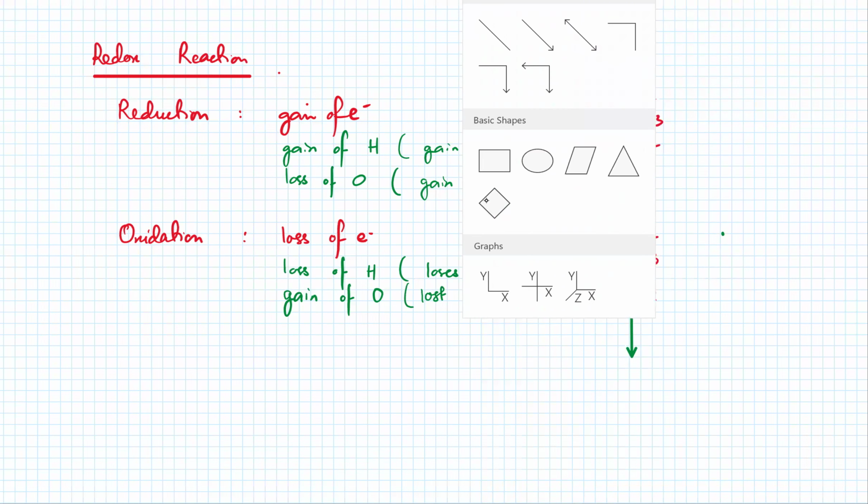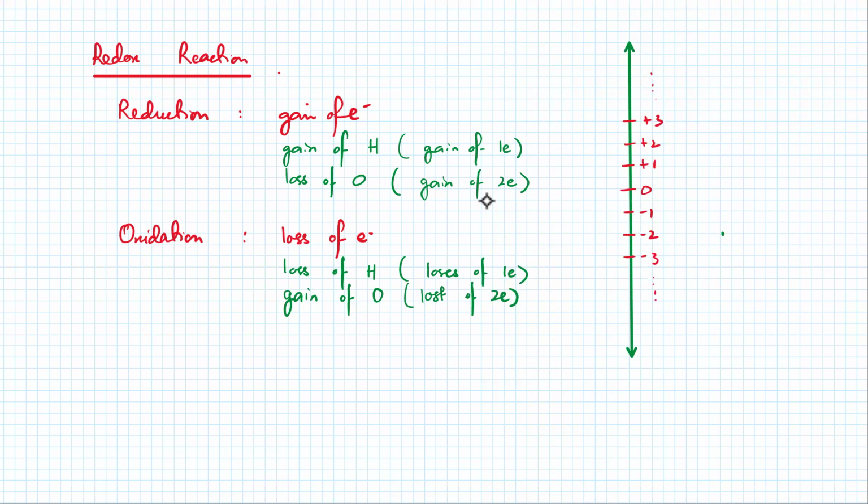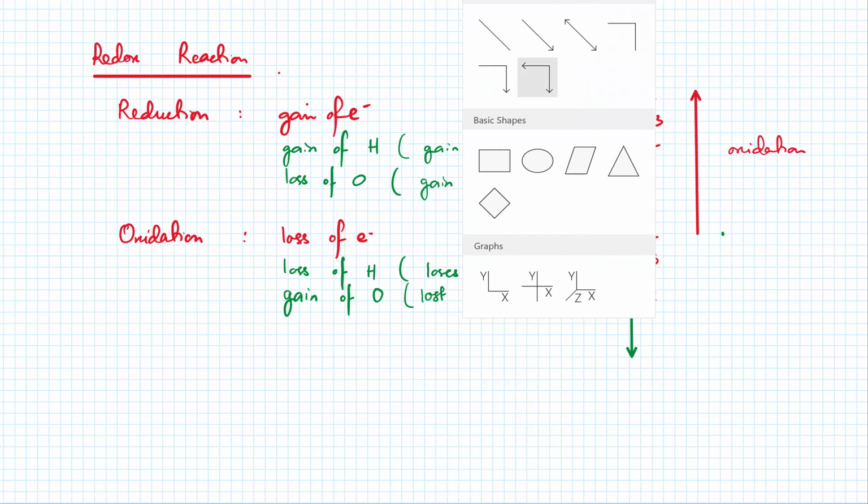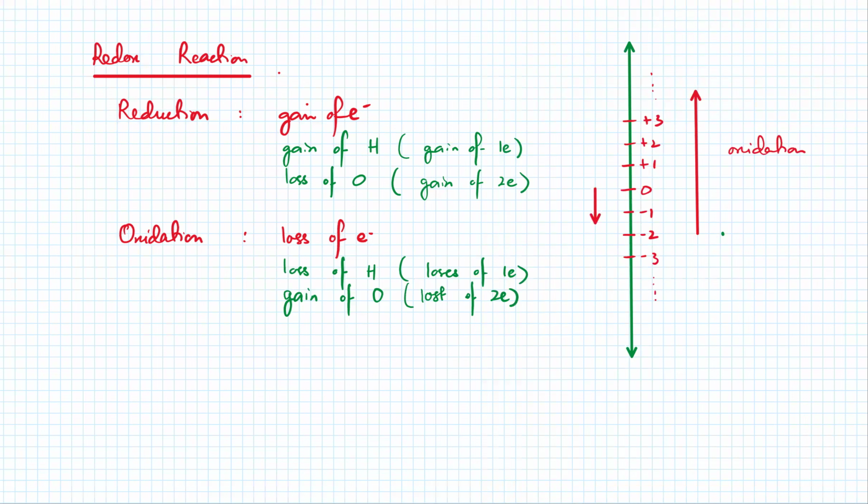So the higher you're going in that direction, that means oxidation. That means you're constantly losing electrons. You're going in the opposite direction, that means it's going to be reduction. So if you're going down, that simply means reduction. That means you're gaining electrons.